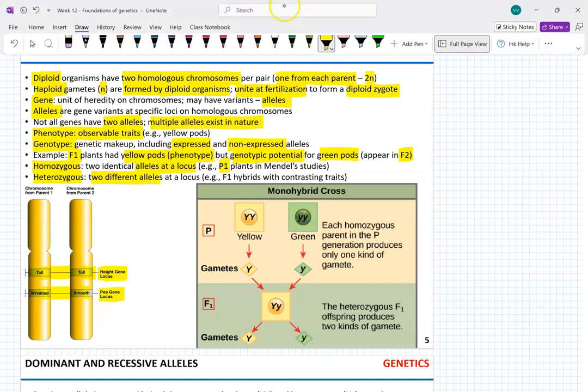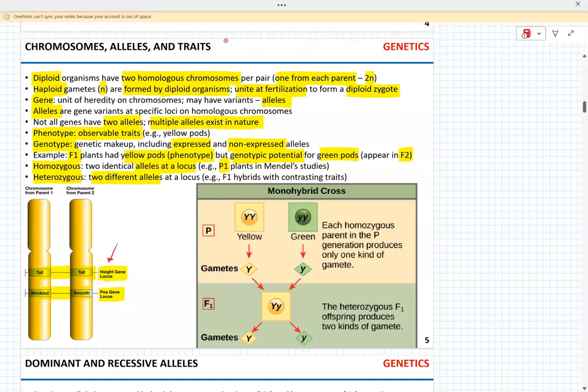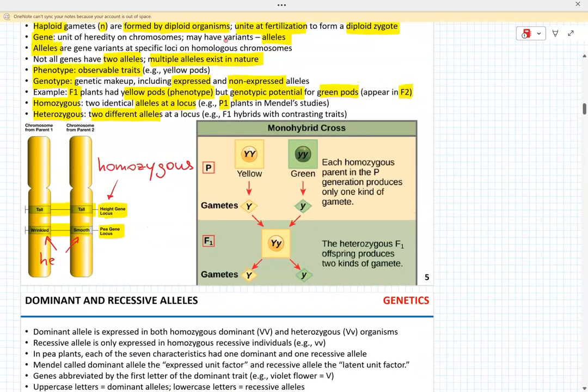So, for instance, in the example that you see at the bottom, the combination of alleles for the height is a homozygous combination. The combination of the alleles for the shape of the seed is a heterozygous combination.